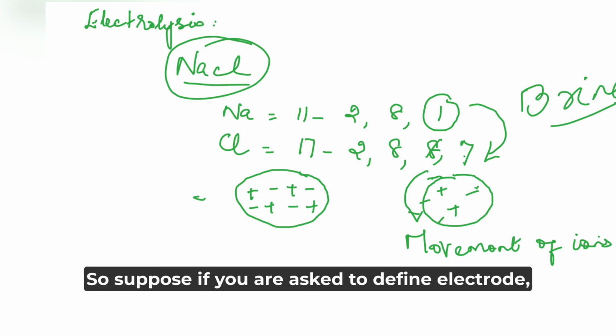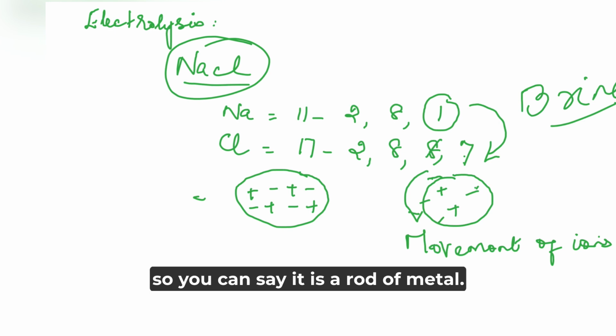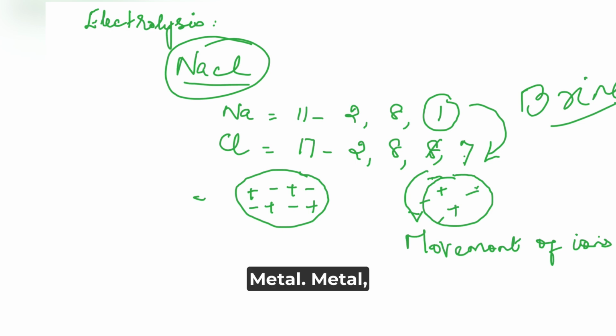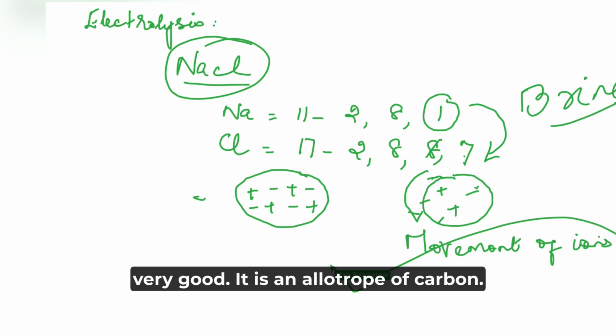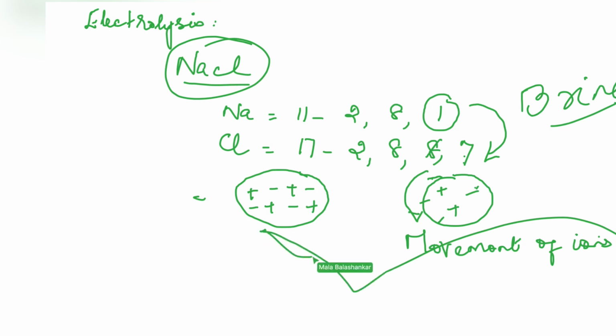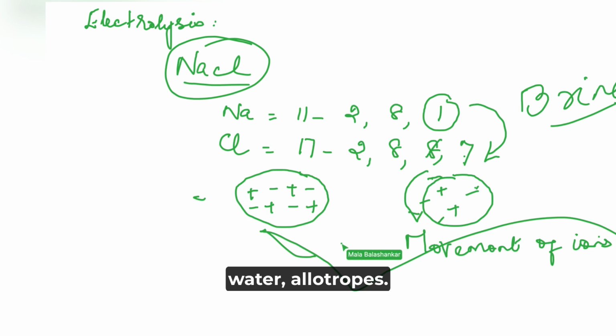Suppose you are asked to define electrode, you can say it is a rod of metal or graphite. What is graphite? It's an allotrope of carbon. So what are allotropes?